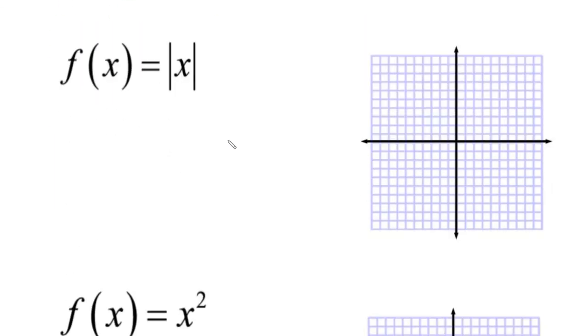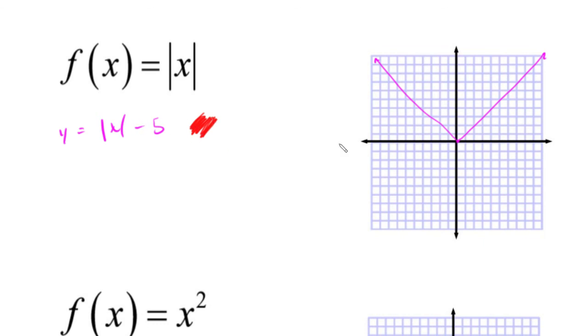Absolute value functions do the same thing. So the parent function looks like this. And if you were to add or subtract something like y equals the absolute value of x minus 4, or let's do, I'm getting bored of 4, let's do 5. Then I'll color it in red to show you I'm graphing it in red.